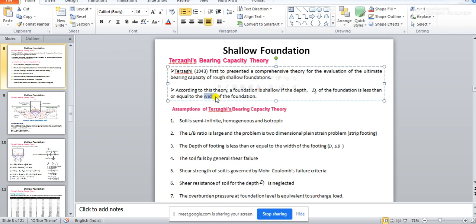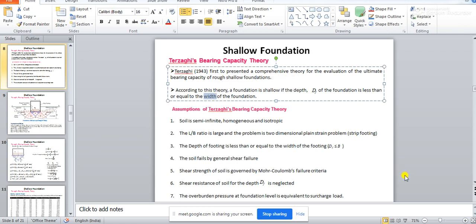We always consider the shorter dimension of the foundation. So, when the depth of the foundation is less than or equal to the width, we consider them as shallow foundation, and according to Terzaghi's theory, the ultimate bearing capacity formula will be valid only for such foundations.